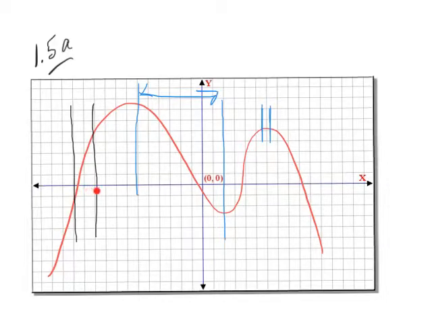As I go from left to right, what happens to my x value? It goes from negative to less negative. My x value goes from smaller to larger. Well, what happens to the y value as I go this way? It gets bigger and bigger. So what it's saying is that as x gets larger, my y value also gets larger.